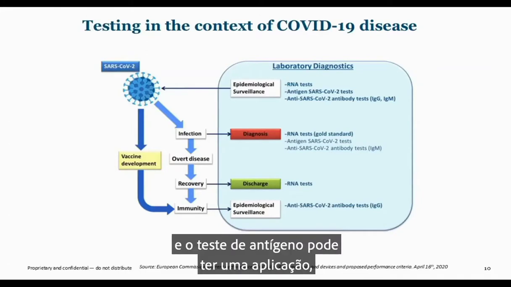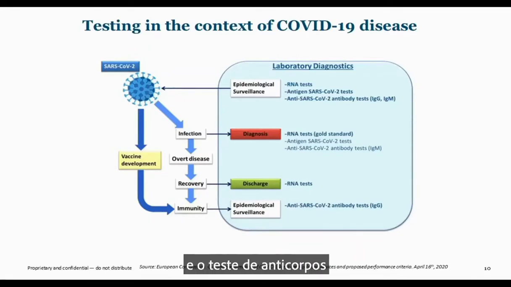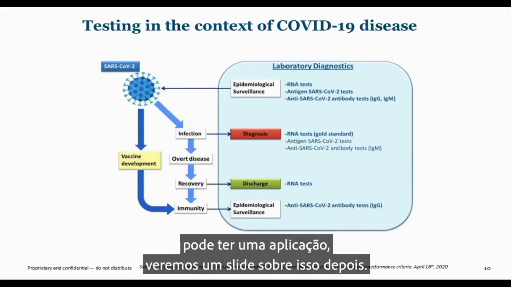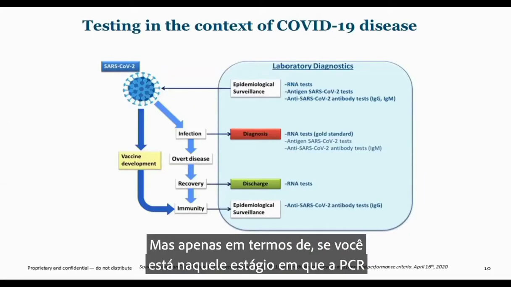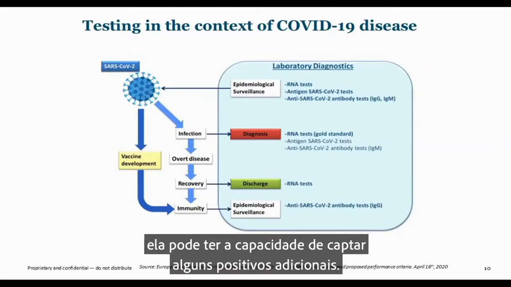An antigen test may have application there, which would depend on the format and the sensitivity. And then antibody testing can have an application, where the PCR may be waning and the serology may be becoming positive, and it may pick up some incremental positives there.